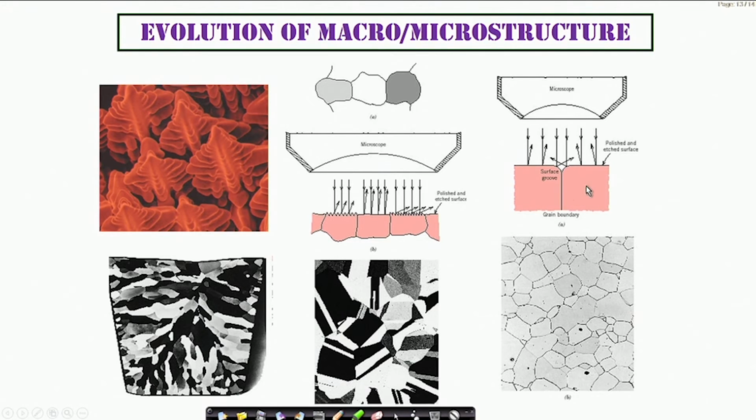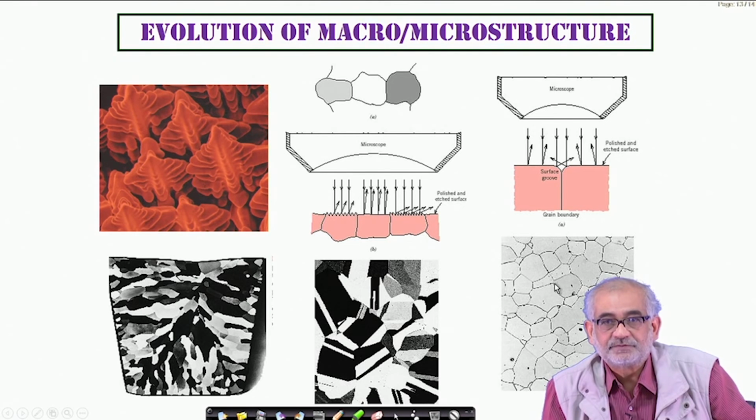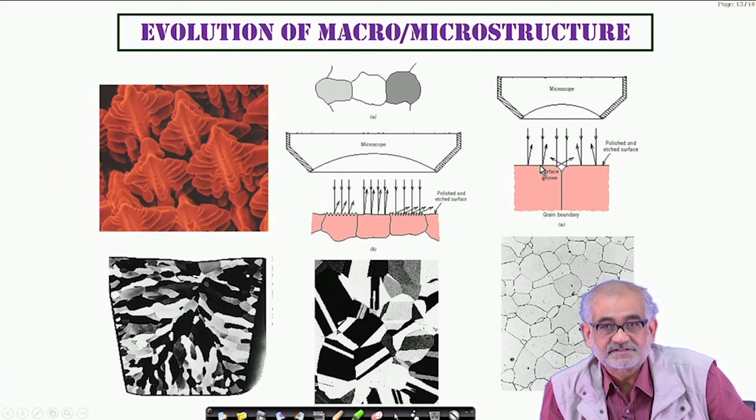So when we go through such metallographic preparation, we adopt a technique called etching, which is a selective chemical dissolution of the phases depending upon their electrochemical potential. Since the electrochemical potential of these boundary regions is higher than that of the grain body, they dissolve faster. Now when you expose such a structure under the microscope, which also has a source of illumination, the light falling on this surface will get uniformly reflected from the region which is less chemically attacked, and hence it will be more lustrous and bright.